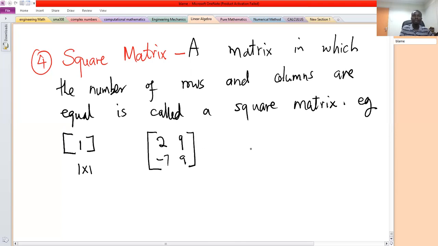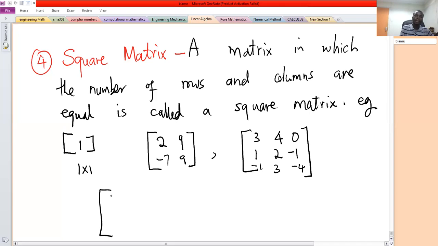Also 3, 4, 0, 1, 2, minus 1, negative 1, 3, minus 4, or a 4 by 4 matrix with entries 2, 1, 4, 1, 0, 1, 2, 1, 2, 4, 3, 4, 1, 2, 0, 0.